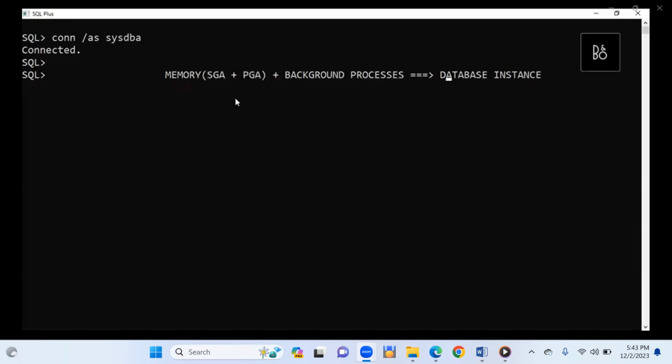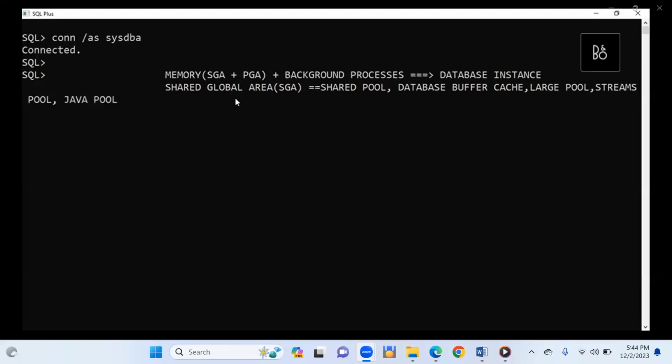If I can shed some light on that, when you talk about the Shared Global Area, which equals SGA, we have components like the shared pool, the database buffer cache, the large pool, the streams pool, the Java pool, and the rest.